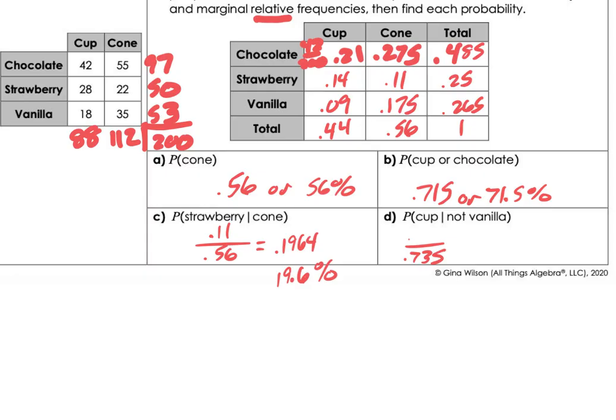That would be 0.35 out of 0.735. Both of those groups liked cup and did not like vanilla. If we divide those two, we get about 47.6%.